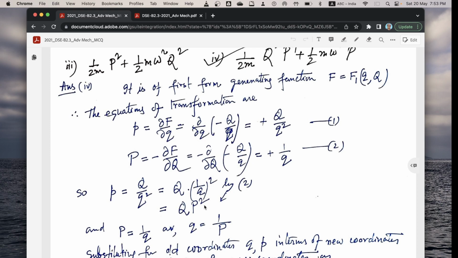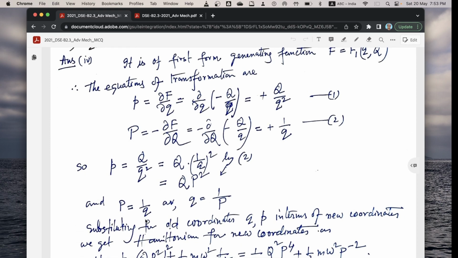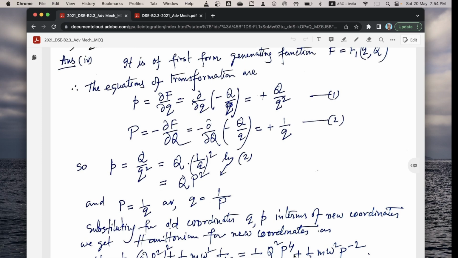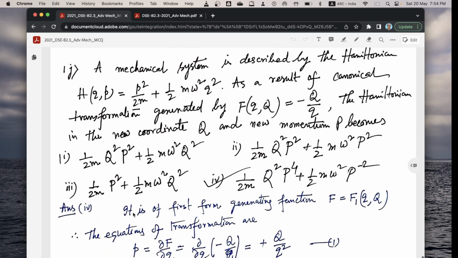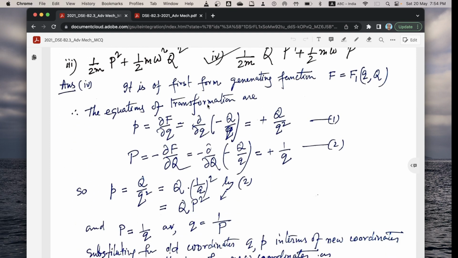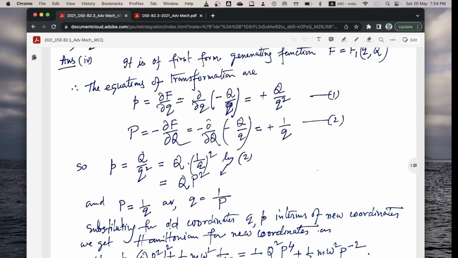So this is capital Q capital P squared, and capital P equals 1 by q, that is, small q is equal to 1 by capital P. Substituting for the old coordinates small q and small p in terms of the new coordinates capital Q and capital P, we get the Hamiltonian for the new coordinates as capital H. So we put here the values of small p and small q in terms of capital P and capital Q, and we get this result.